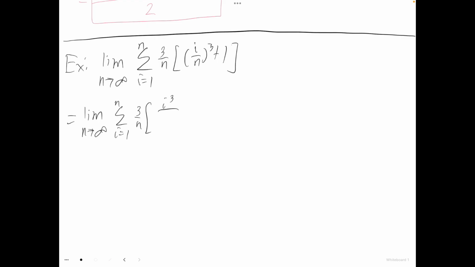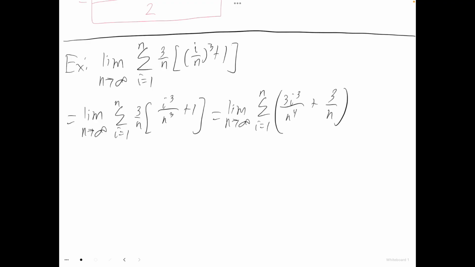I've got i cubed over n cubed plus 1. And now if I multiply my 3 over n in, I have the limit. So n goes to infinity of the sum from i equals 1 to n of 3i cubed over n to the 4th plus 3 over n.